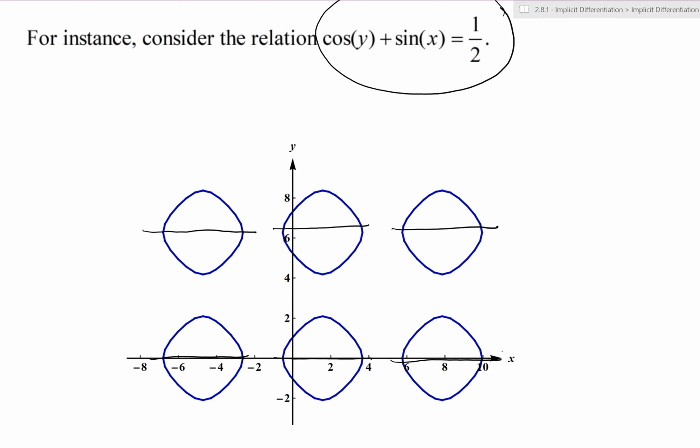So you want to go and find 12 derivatives just for this one graph. And in fact, if you keep plotting, you're going to get more and more of these, just like infinitely many. So we can see that the method we just looked at is not really going to be an efficient method in general, and sometimes it's even impossible.